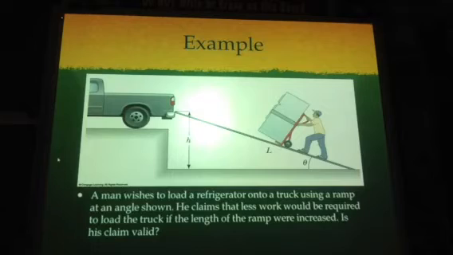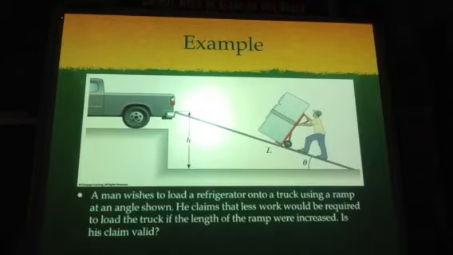Okay, on this problem we have a man who wishes to load a refrigerator onto a truck using a ramp at an angle shown. He claims that less work would be required to load the truck if the length of the ramp were increased. We have to determine, is his claim valid?